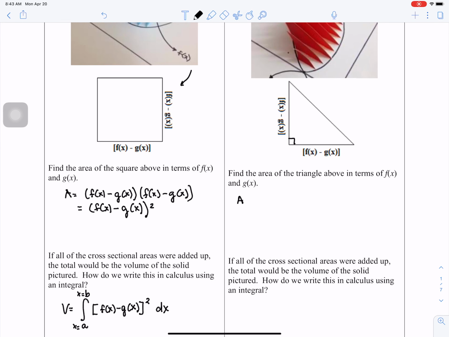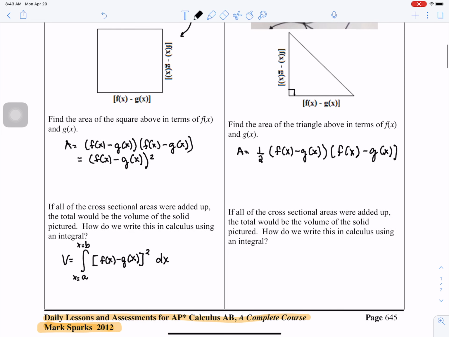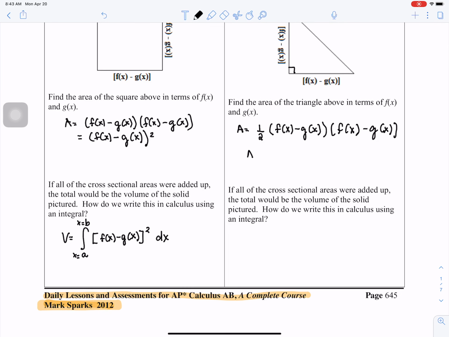So the area of a triangle is 1/2 my base, which is f of x minus g of x, that's the distance of the base, times the height, which is f of x minus g of x. When I combine those two, I get that the area is 1/2 of f of x minus g of x squared.